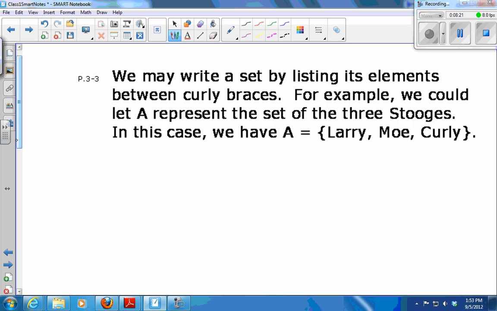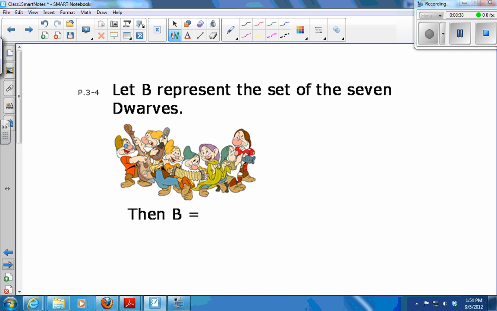So you can write a set by listing it between curly brackets, curly braces. So if I wanted A to represent the set of the Three Stooges, then A would equal, curly brackets, Larry, Moe, and Curly. Or if I want B to represent the set of the Seven Dwarves, then B would be, what would be in set B?